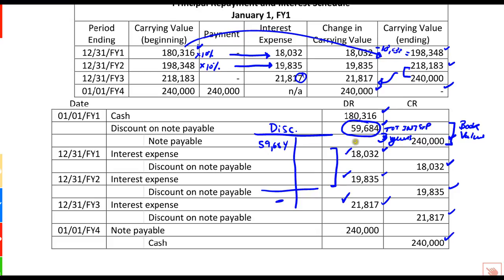You could have just split it up, and 19,895, 19,895. Let's say 39. So if you take 19,895 twice, it's 39,790. Subtract 59,684.